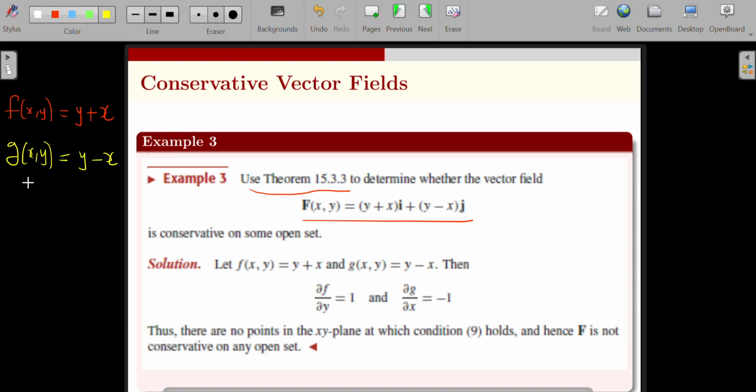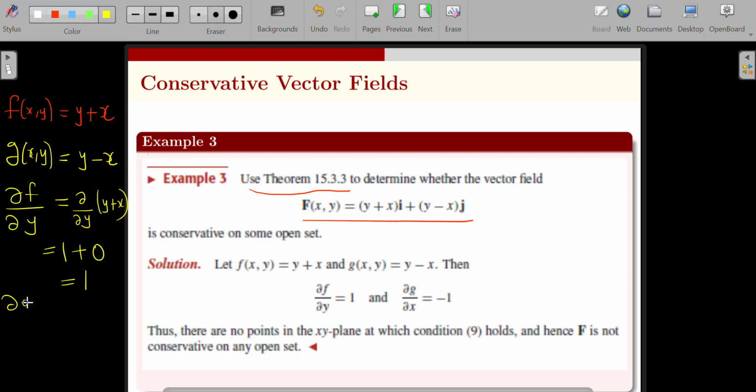So we need to calculate the partial derivative of f with respect to y, ∂f/∂y. That is ∂/∂y of (y + x). The partial derivative of y with respect to y is 1, plus the partial derivative of x with respect to y, which is 0. So this is equal to 1.